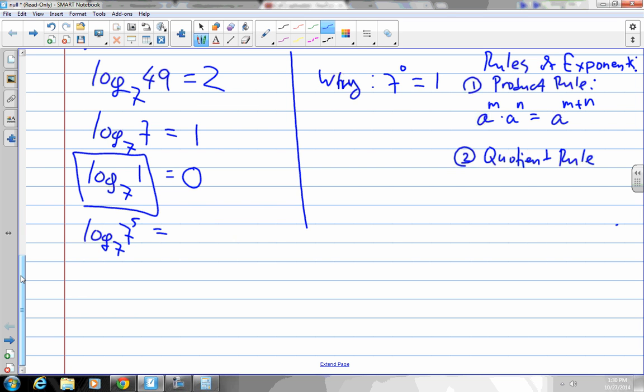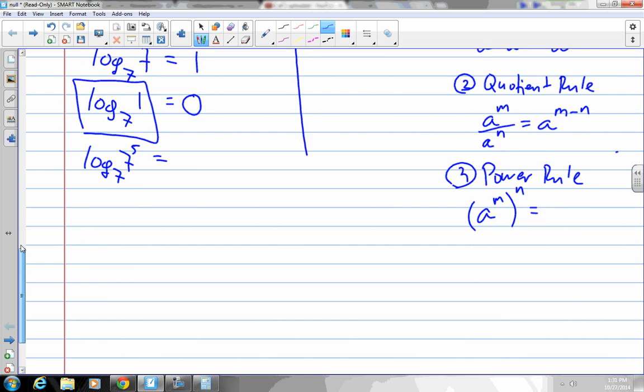Now, if you have 3 cubed times 5 cubed, who cares? It's just 3 cubed times 5 cubed. Quotient rule: if you have a to the power m over a to the power n, what do we do with exponents? You subtract exponents, right? You reduce your fractions if the bases are the same. We subtract exponents. And then we have the power rule. It's a to the power m, raised to the power n. What do we do with exponents? Multiply them. Right?